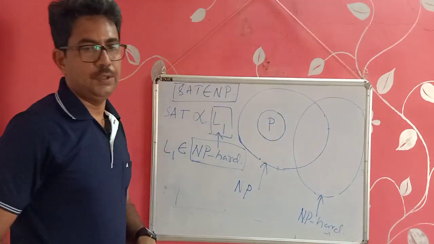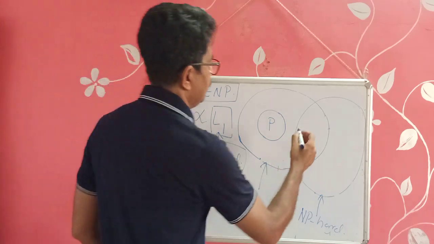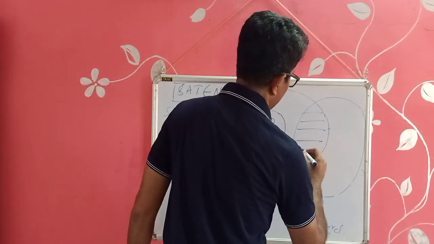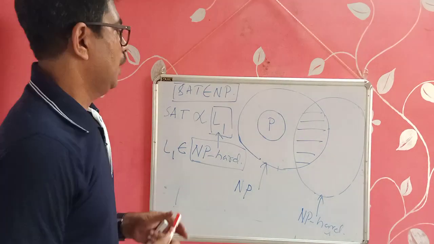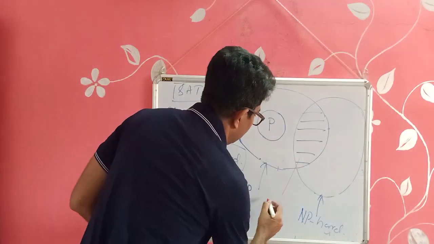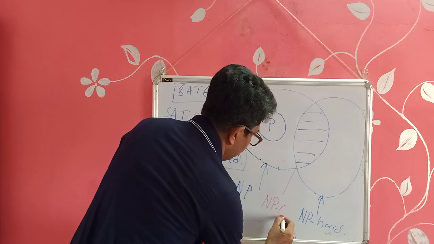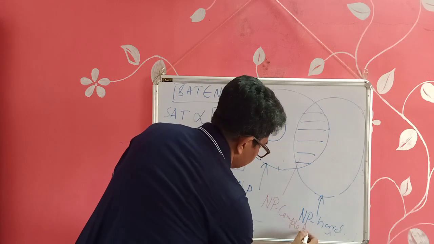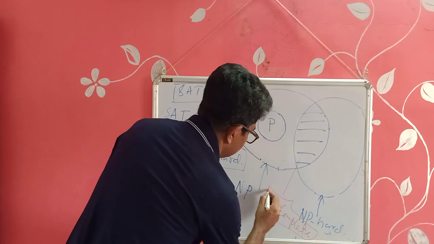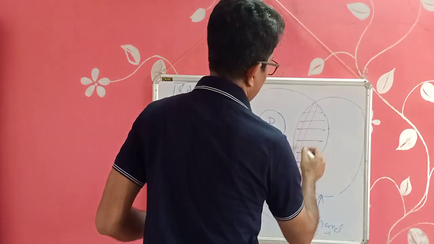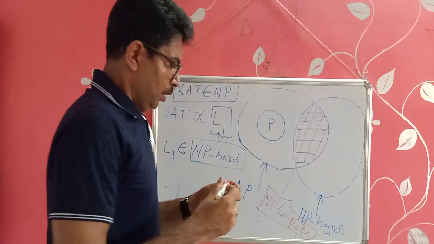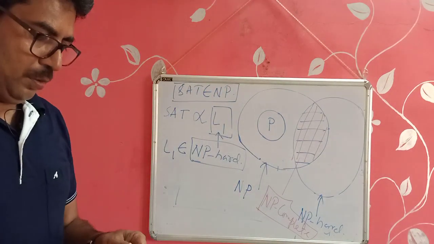Now there is an intersecting point here between NP and NP hard. This is known as the NP complete class. So this one is our target. Our topic was NP completeness.